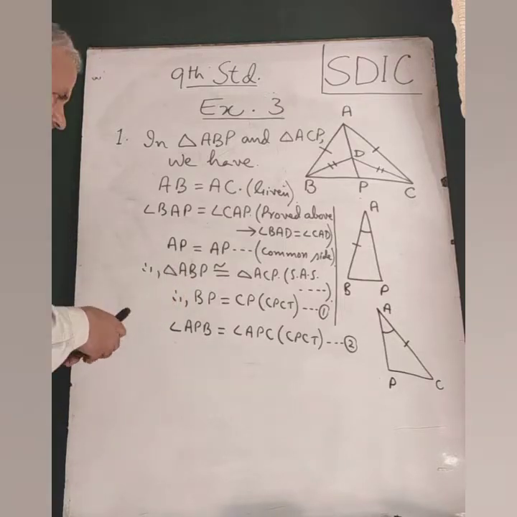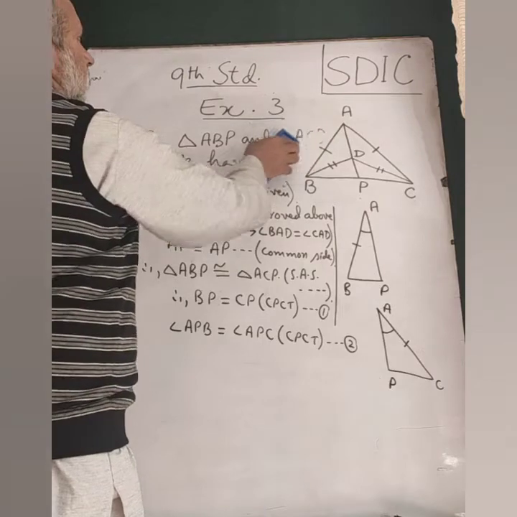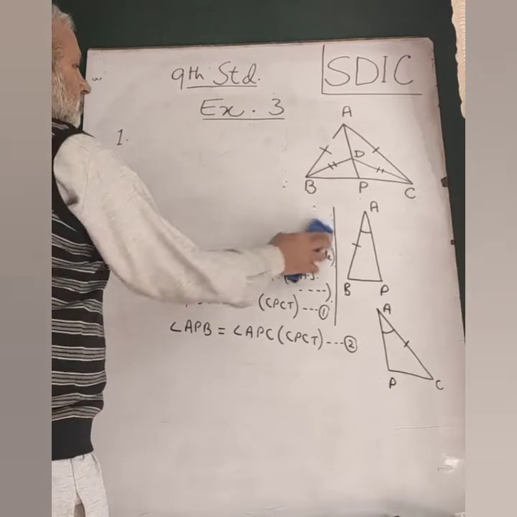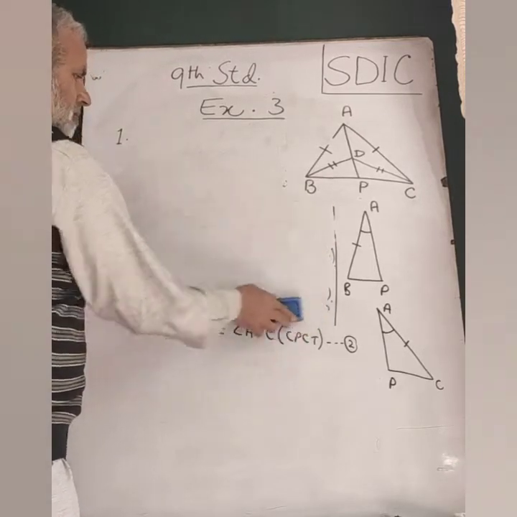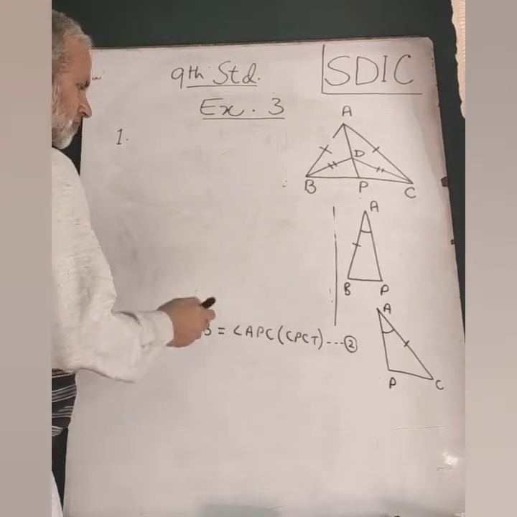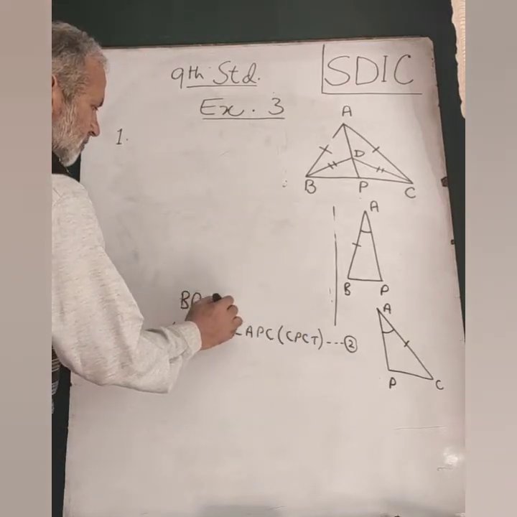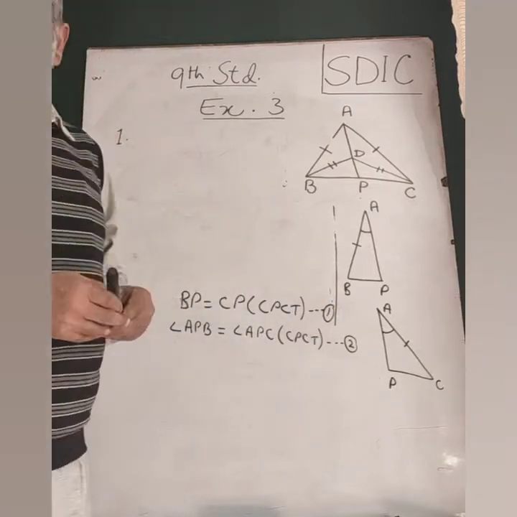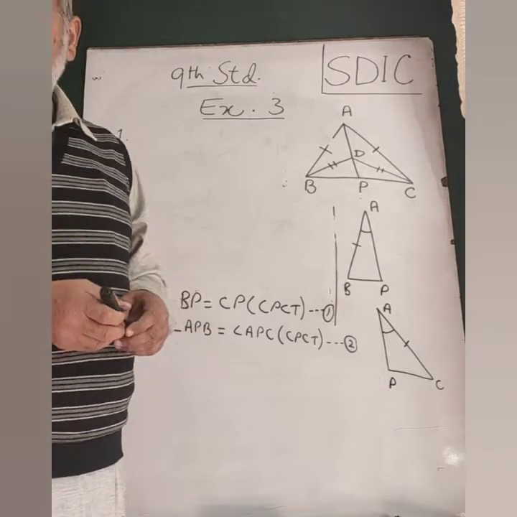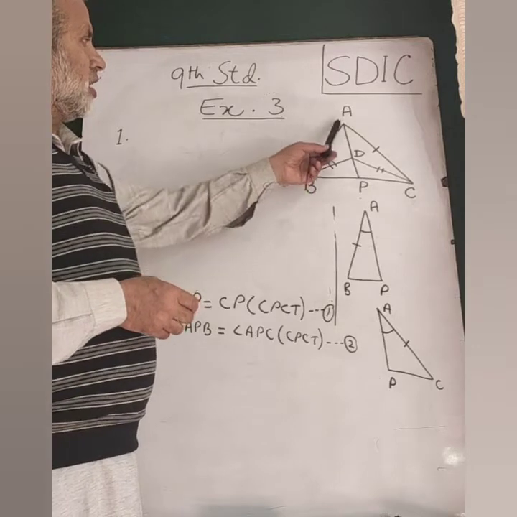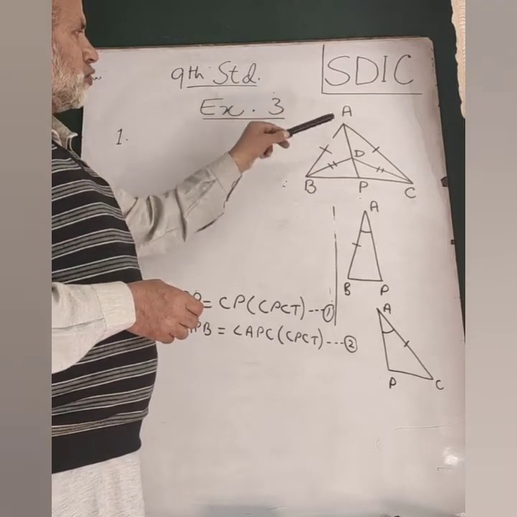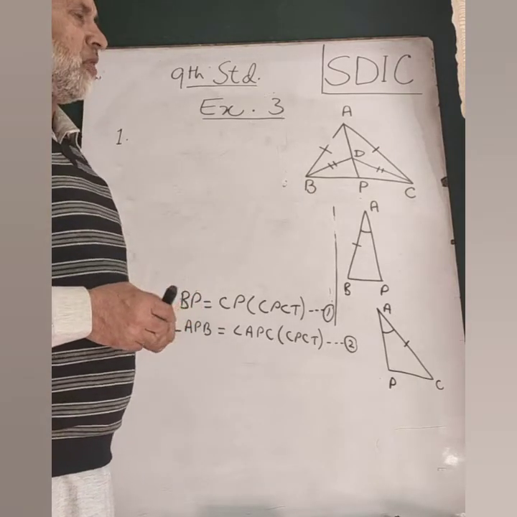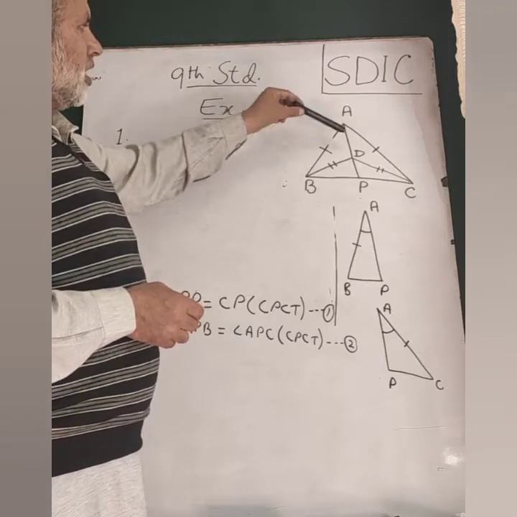Then comes the turn of third part. In the third part, we have to prove AP bisects angle A as well as angle D. AP, this line, bisects angle A as well as angle D. We have already proved, written in the first part, in the CPCT part, that angle BAD is equal to angle CAD.